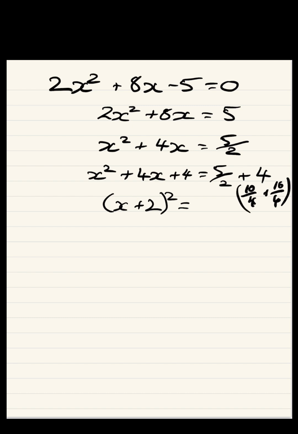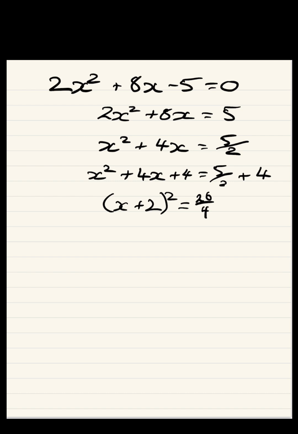Okay, and this will come clear in a second. It's just about simplifying my fraction, so I'm going to end up with 26 over 4. It'll make it simpler in just a second. Okay, so equivalent fraction, the denominator is now a square number. It's just for a little bit of clarity.